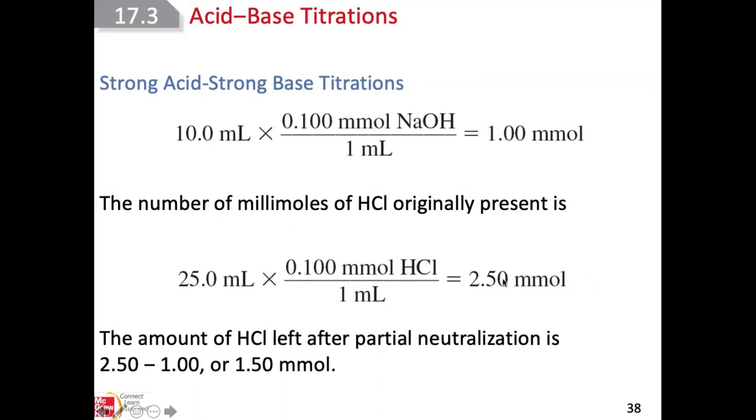So out of that 2.5 millimole, 1 millimole will react with the NaOH that is added. And after that, I will not have any NaOH left in the beaker, but I will have 1.5 millimole of HCl in the beaker.